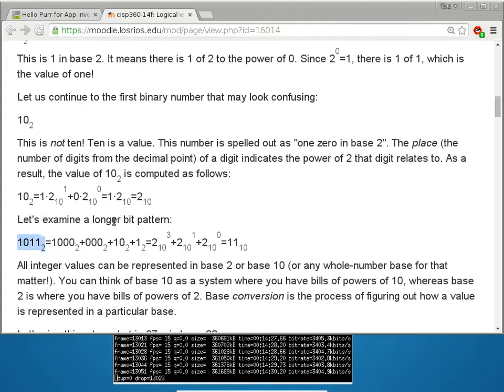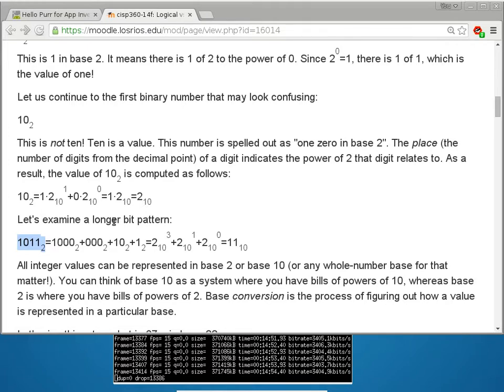They're just different ways of referring to me. It's the same thing here. The quantity of 11 can be represented by 1011 in base 2. It can also be represented by just 11 in base 10. Are we still doing okay so far with the concept that the base is just changing how we represent a value?